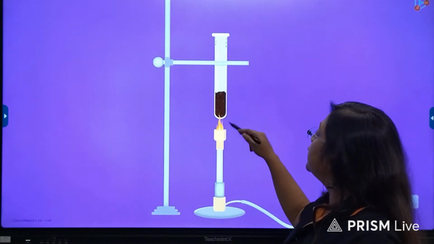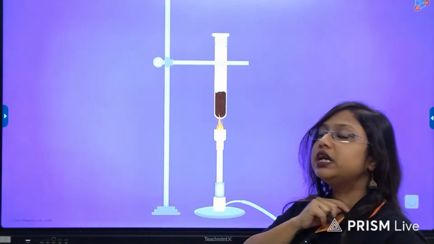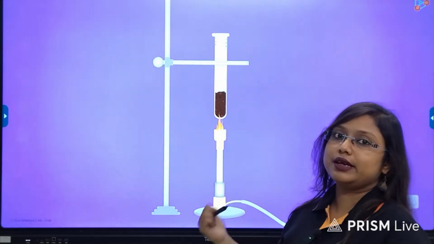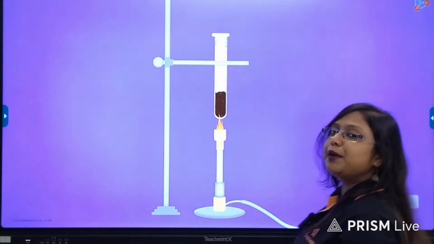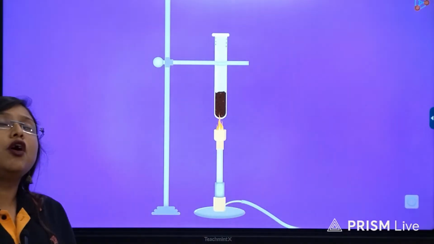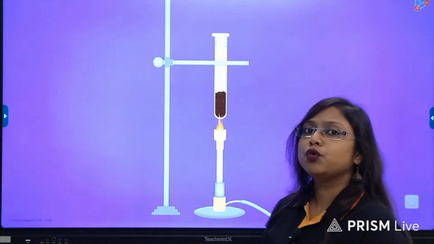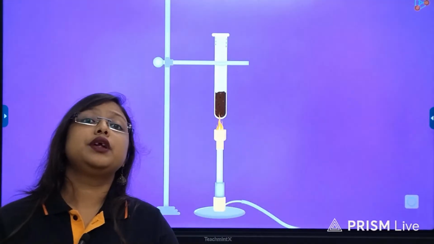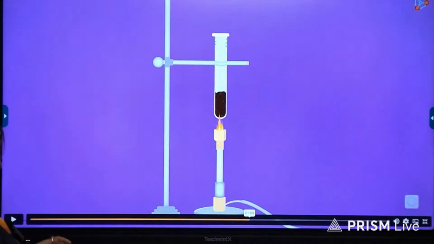So please do this in the presence of your teacher, and stay away from the fire. I better ask you to do this experiment in the presence of your teacher, or just ask your teacher to show it to you, rather than doing it on your own. Please do it when you are old enough. Okay, so this is the disclaimer I have to give you.